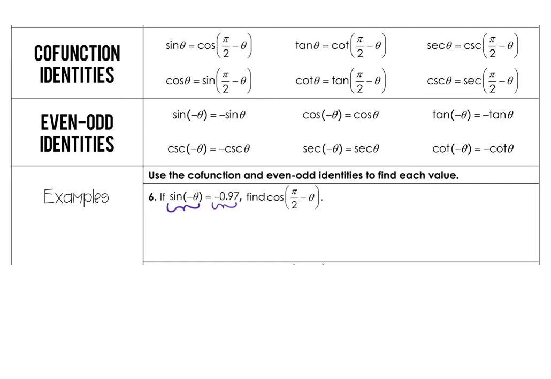So I can say that the sine then of the angle itself is positive 0.97 because they've already told us that. Then I'm going to use this identity here. The cosine of pi over 2 minus theta is the same thing as the sine, and that's what they want us to solve for. So I can say that the cosine then is this positive 0.97.